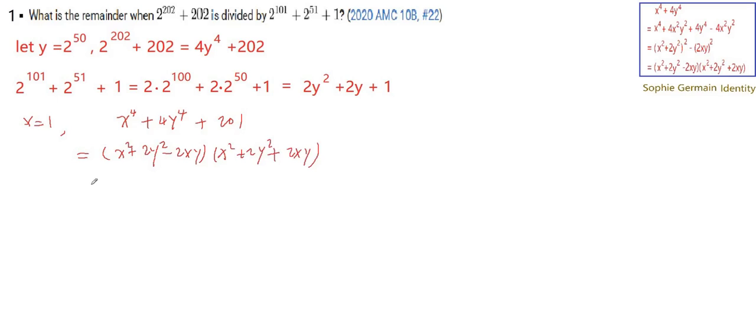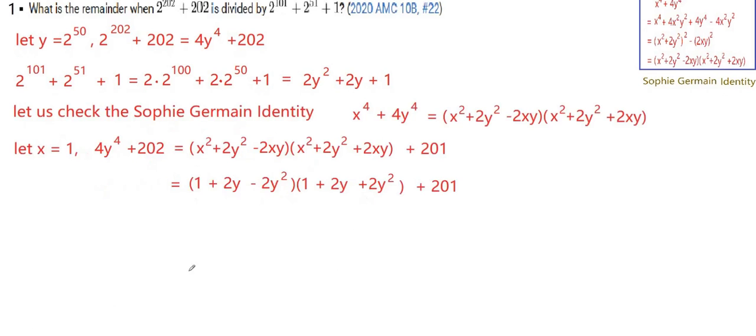And x is equal to 1, so we compare this to this, so this part can be cut off. So the remainder is 201.